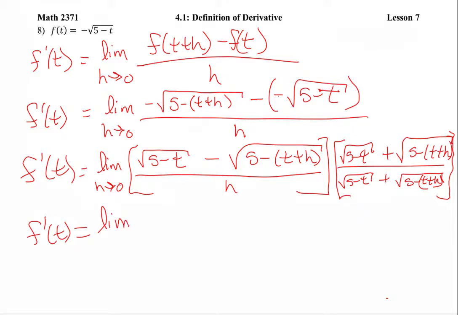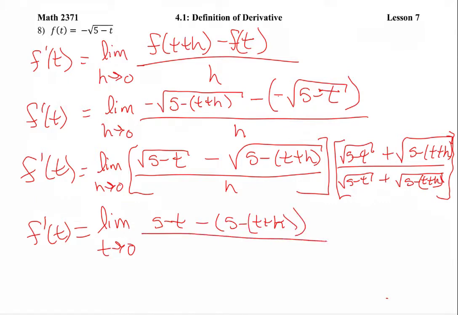So that's the limit as t goes to 0 of, the numerator becomes 5 minus t minus (5 minus t plus h) all over h times the square root of 5 minus t plus the square root of 5 minus t plus h.